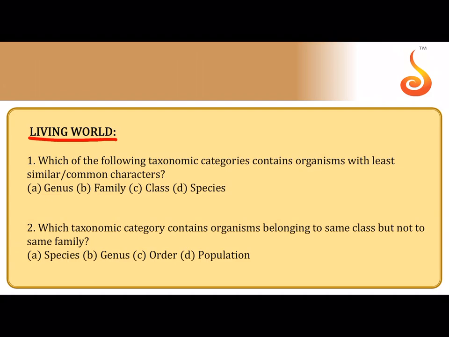Now the first question says, which of the following taxonomic categories contain organisms with least similar characteristics? If you remember, please quickly draw the taxonomic hierarchy. We started with species. Similar species are put together in genus. Similar genera are put together in the same family.